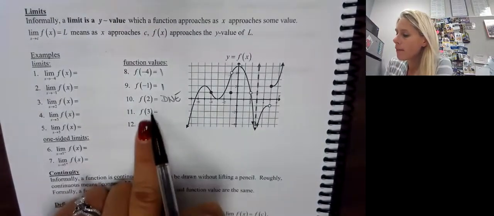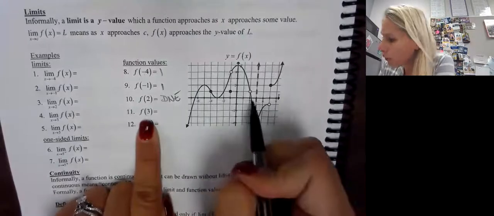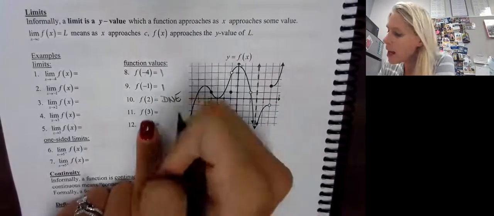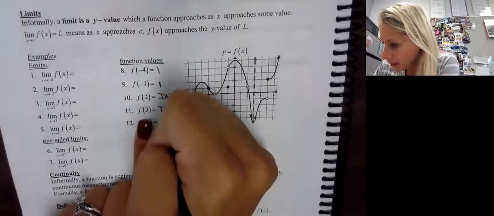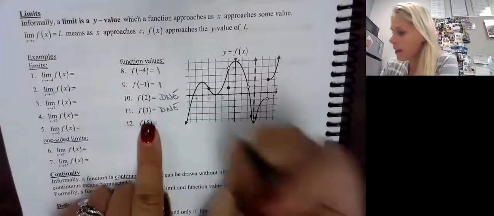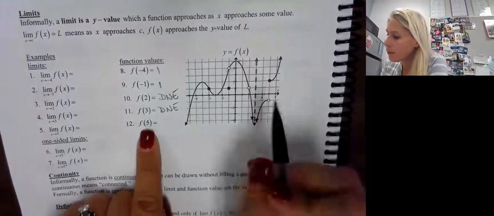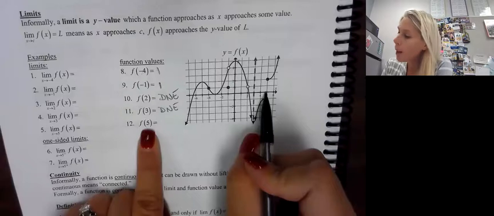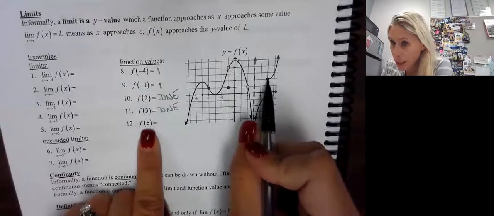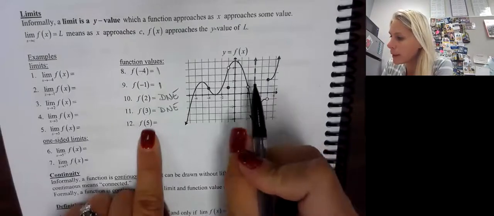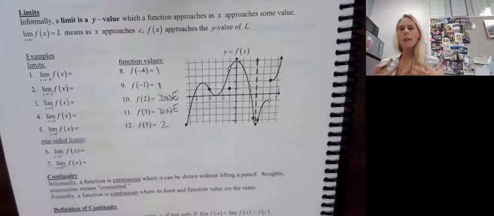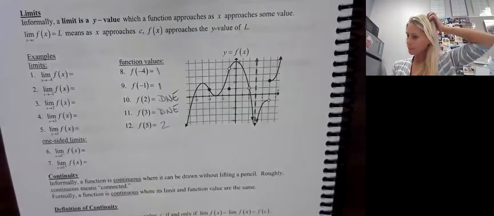Our value at 3 is an asymptote, which means our graph never gets there, so it does not exist. And at 5, we have a jump, but we do have a filled-in point, so our value is 2.